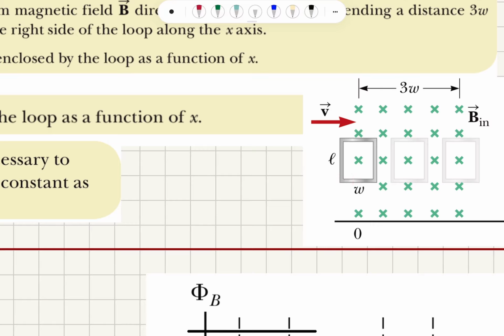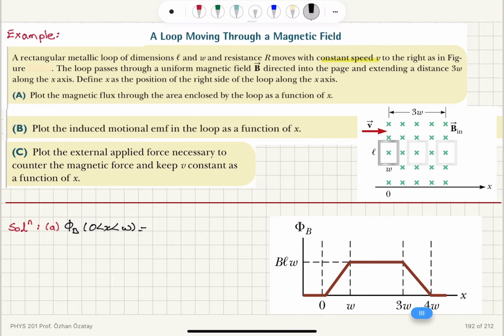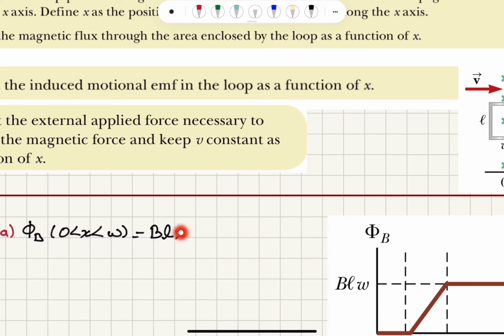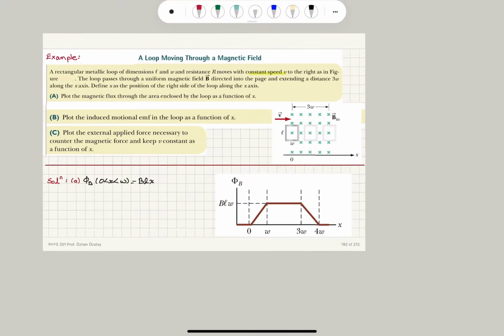And as it enters, it's going to have an increasing magnetic flux, and when it is into the field by an amount x, L times x will be the area that's inside the loop. So it's going to be BLx. Once again, when x is equal to 0, the flux is 0.